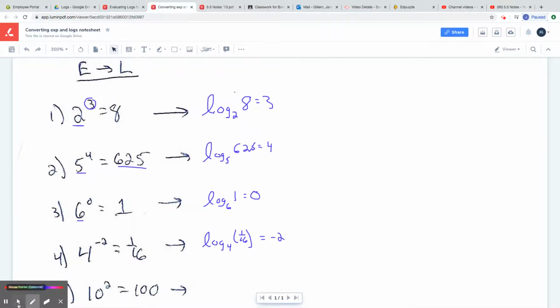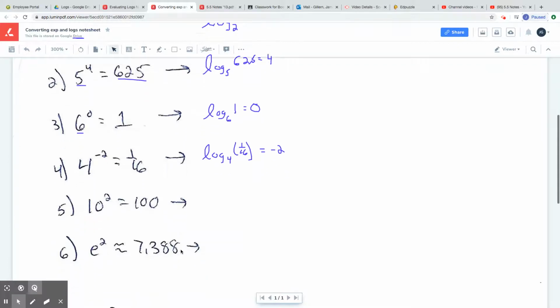For the next one, log base 10 of 100 equals 2. Remember, you don't have to write base 10. It's log of 100. If you don't see a base, we assume it's 10. These mean the same thing, equals 2.